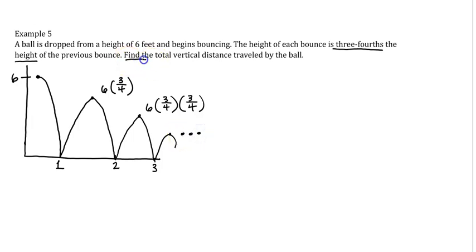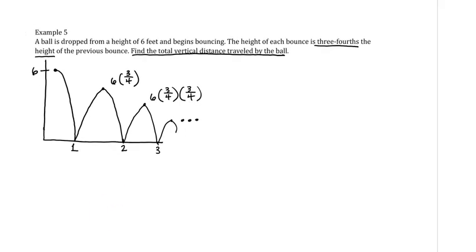We're being asked to find the total vertical distance traveled by the ball. So the idea is that we can represent this as a series. Let's start with the first vertical distance traveled by the ball, which I will call D1, as it drops from the 6 feet and goes down. Well, D1 is just equal to 6. Then the ball went up, that's more vertical distance.